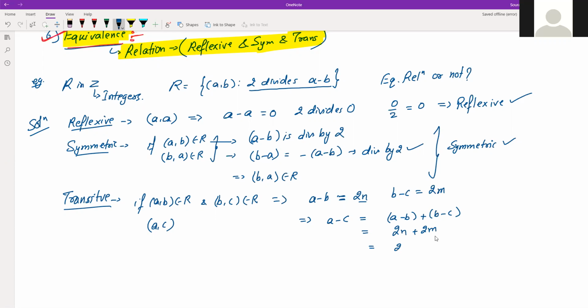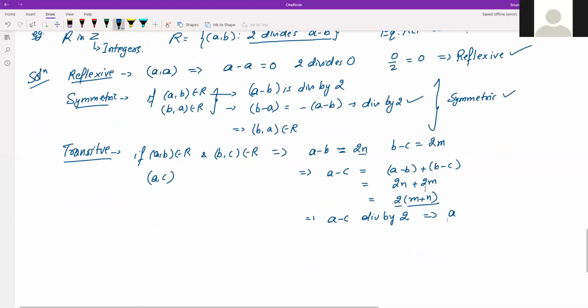So a minus c is 2 times (m plus n). So that is also a multiple of 2. That means a minus c is also divisible by 2. So this means a minus c also belongs to the relation R, that means (a, c) also belongs to R. So from this, we conclude that it is transitive as well.